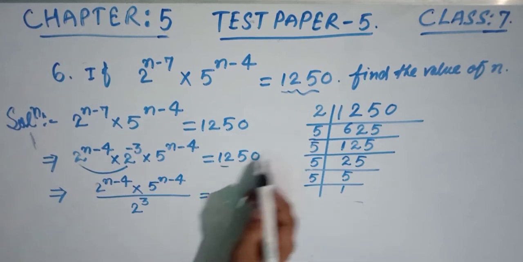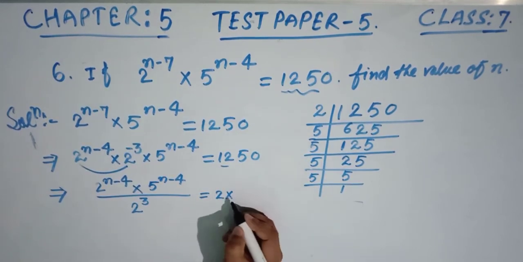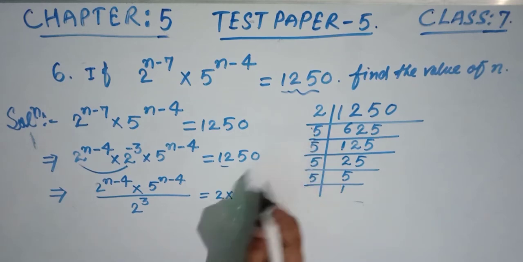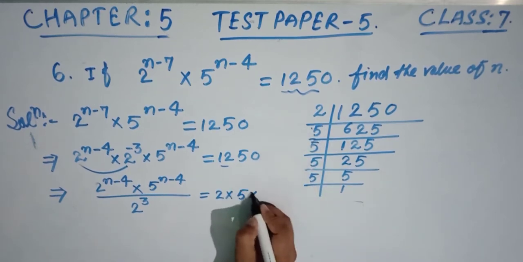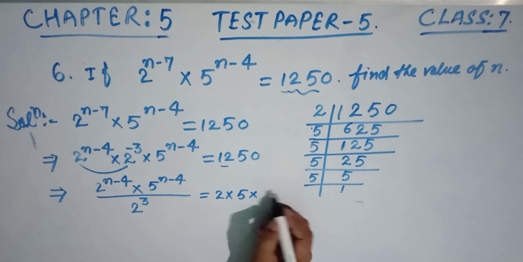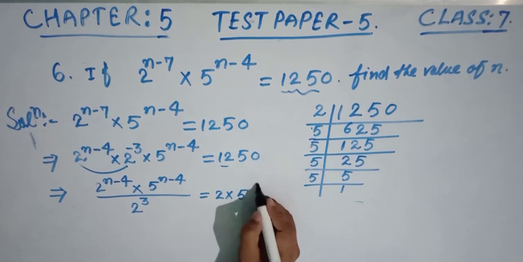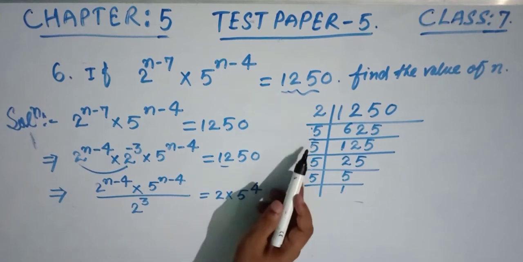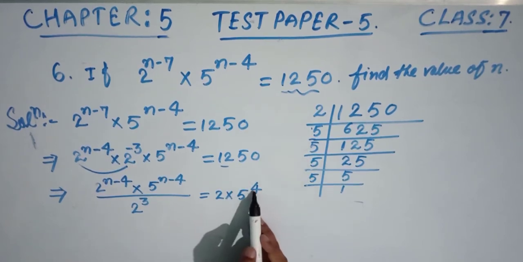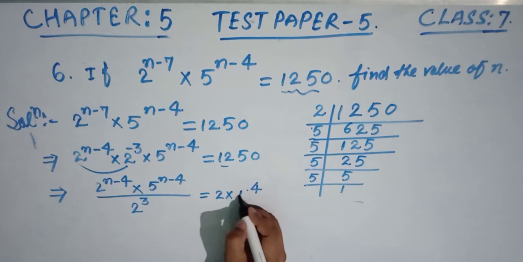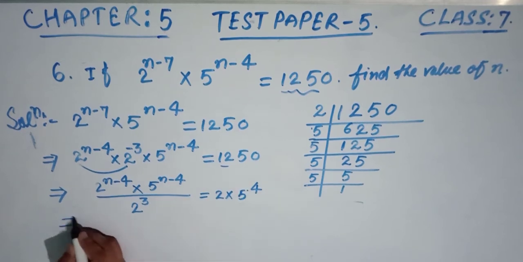remember this can be written as this 2 multiplied by friends, here is the 5 multiplied by, and this is 4 times 5 friends, because 1 five, 2 fives, 3 fives, 4 fives means 5 raised to the power 4. Now see friends, 2 raised to the power 3 multiplied by 5 raised to the power 4.